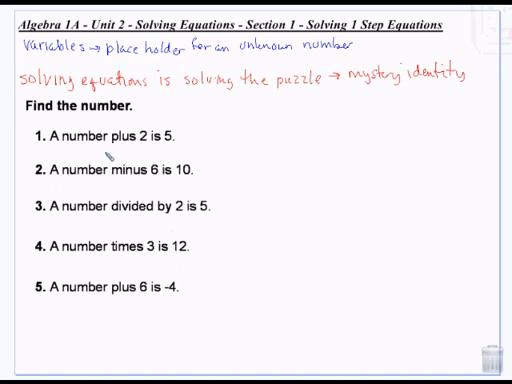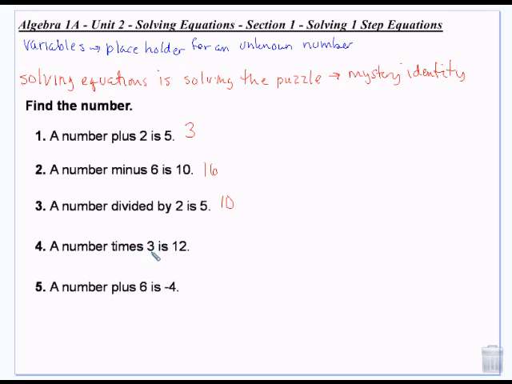Equations, especially single-step equations, are basically exactly like what we're doing here. What number can I add to 2 to get a 5? 3. Okay, what number can I subtract 6 from, and I'll get 10? 16. If I divide a number by 2 and I get 5, what number was it? 10.